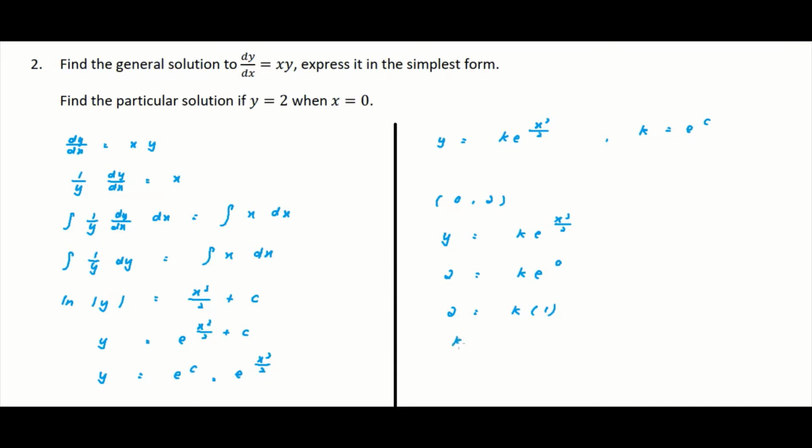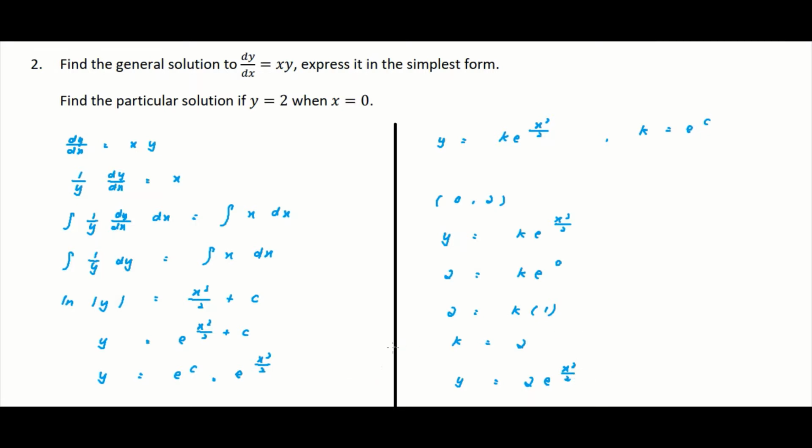So that's why your K is equal to 2. Now we can substitute back into the equation and see what we have. So you will have y equal to, what's our K? It's 2, so 2 e to the power x squared over 2. As simple as that.